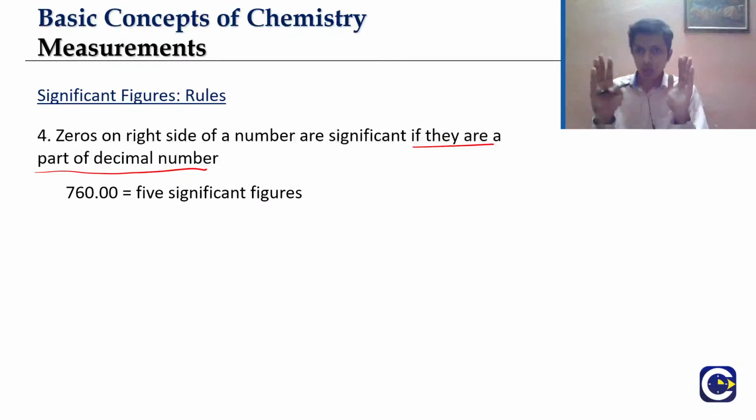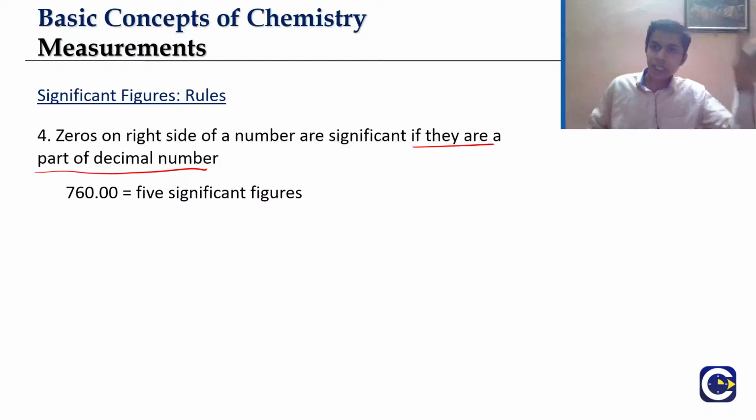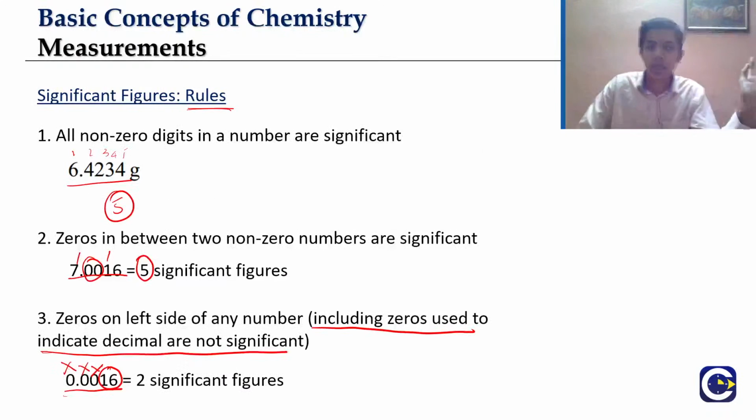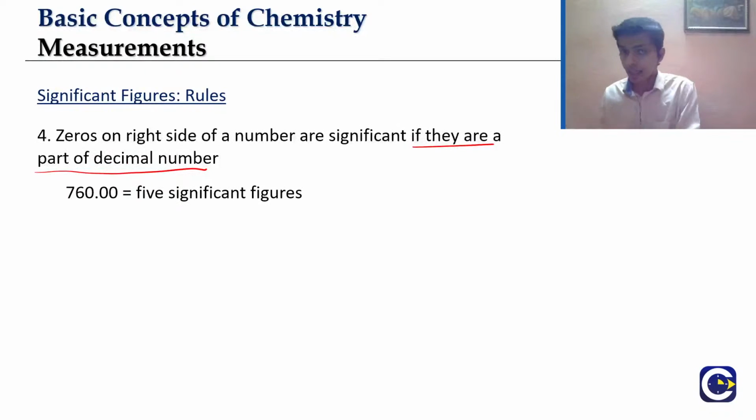So till now what we learned: to the left, if there are zeros, they are insignificant, no matter whether a decimal is there or not. If the zeros are to the right side, and if there is a decimal, then all the zeros will have significance. For example, here 1 2 3 4 5, so there will be 5 significant figures.